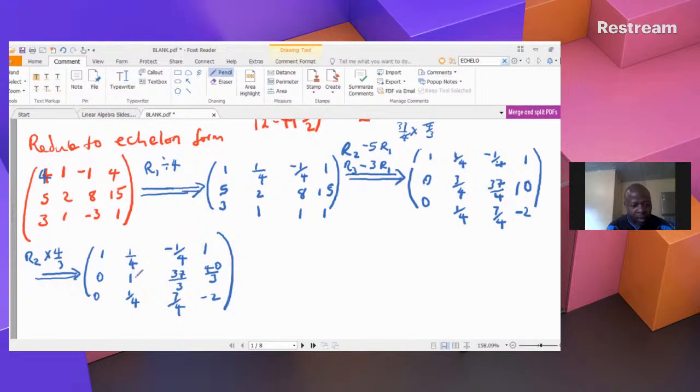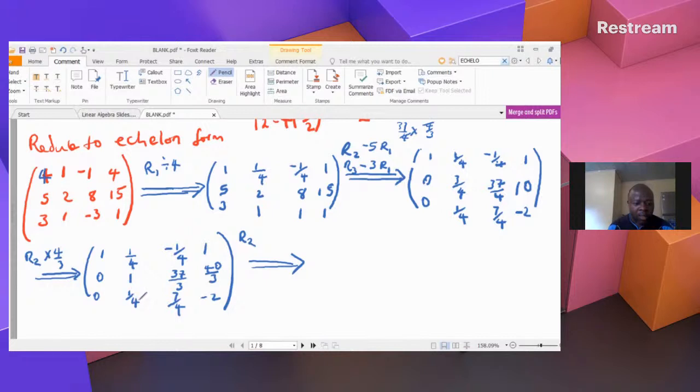I use this leading one to create a 0 in this position, and whatever I do, I do it for the entire row. So let me do that. So I have row 3. And if I want a 0 in this position, I have to take this a quarter minus a quarter.